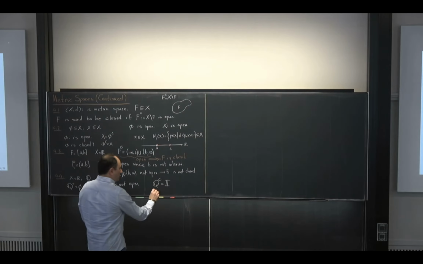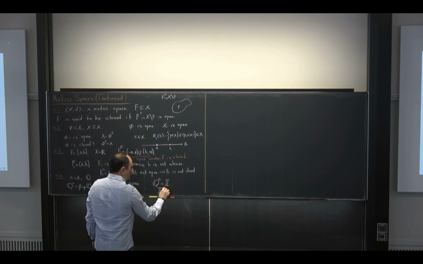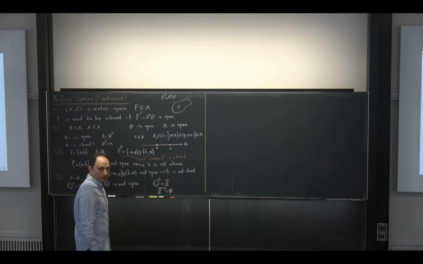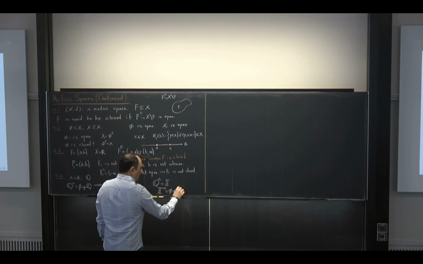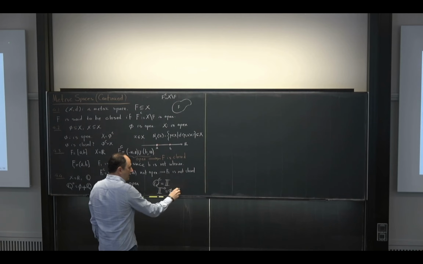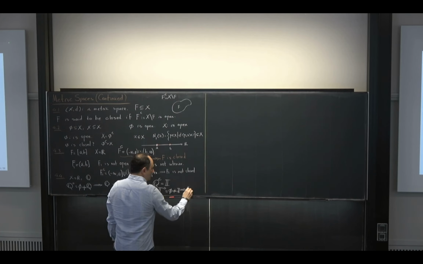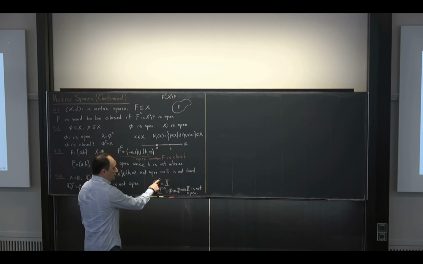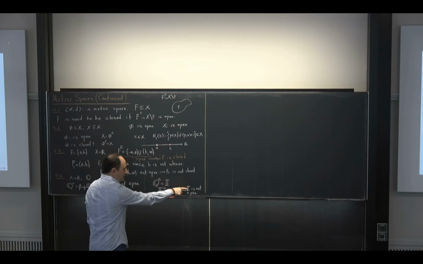Why not? Because of the same reason. If I ask you what is the interior of I, it was again empty, and it is not equal to I itself. So if the interior is not equal to itself, it means that set is not open. So this means Q complement, which is equal to I, is not open.